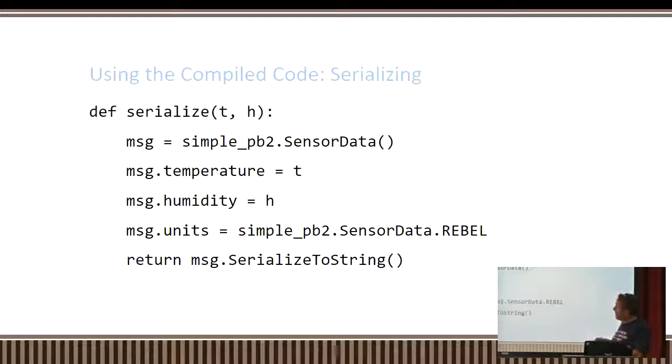Like I said before, if you leave one out, it'll just get the default value. I didn't have to set all these, and to demonstrate that, I probably shouldn't have set them all. Then you call SerializeToString, and that does just what you think it would: it takes that SensorData message and turns it into a little string of bytes, and then you're ready to send it over the wire, whatever.